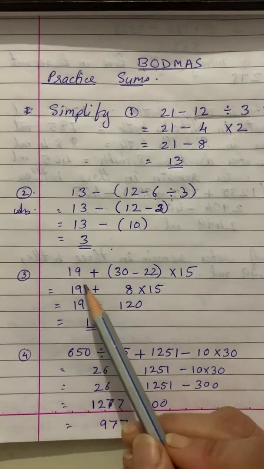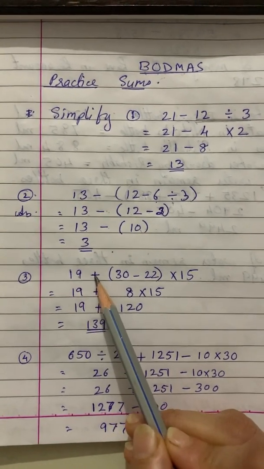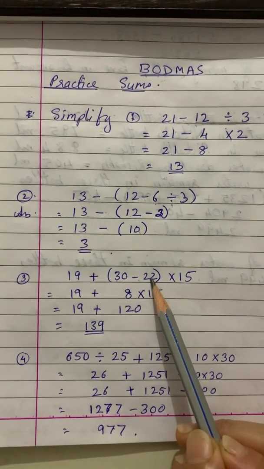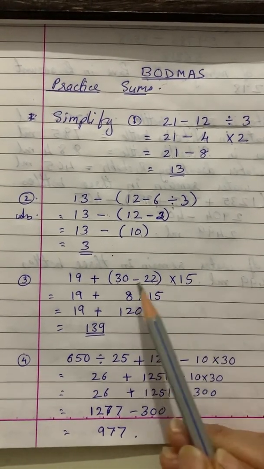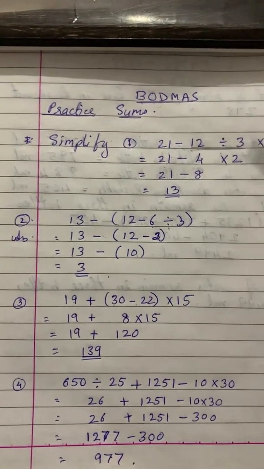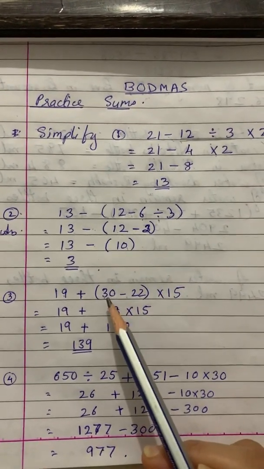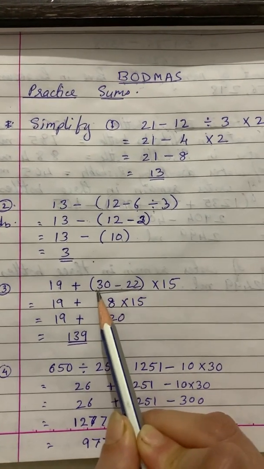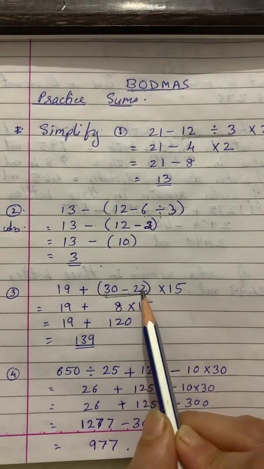Next example, 19 plus, inside the bracket we have 30 minus 22, multiply by 15. When we see this equation and apply the BODMAS rule, we have to first solve the bracket. So inside the bracket is 30 minus 22.